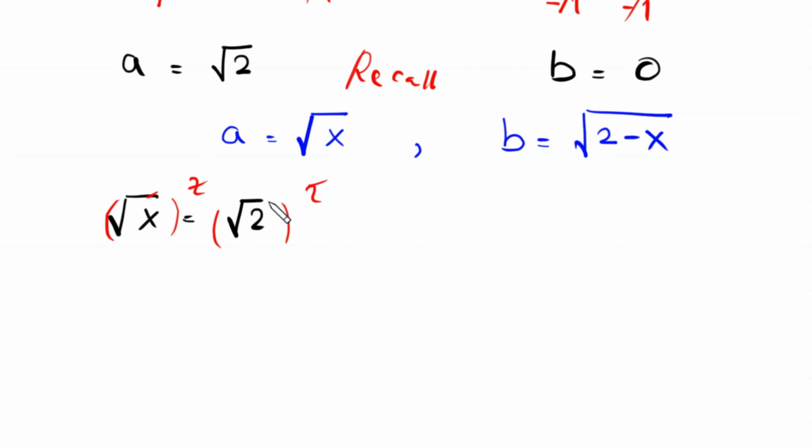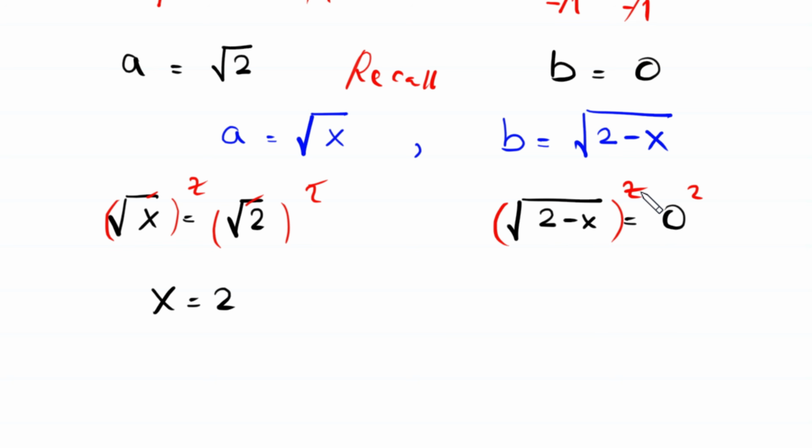Square will be cancelled out with the square root and we get the value of x equal to 2. And this equation will become root 2 minus x equal to 0, and we take square of both sides, so 2 minus x will be equal to 0. This implies that x is equal to 2. So from this first case we get the value of x equal to 2.